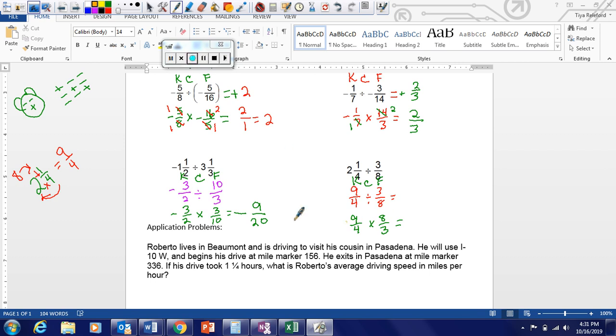You can simplify 9 and 3. They both divide by 3. And you can simplify 8 and 4 because they both divide by 4. So I have 3 times 2 is 6, and 1 times 1 is 1. Any number over 1 is just itself, and I am positive because they're both positive.